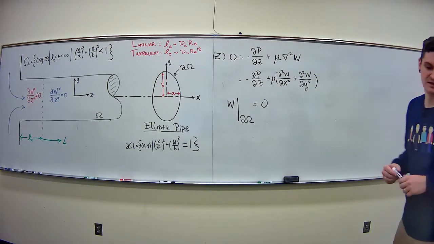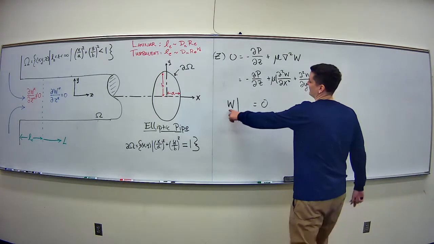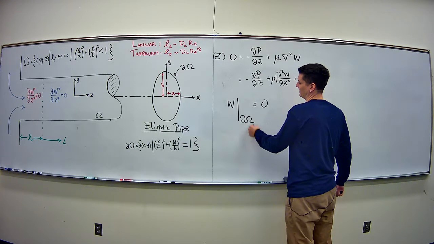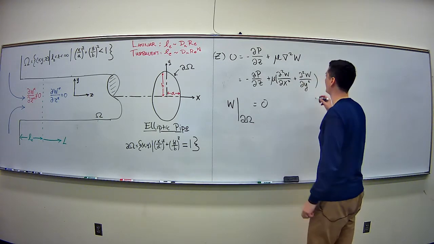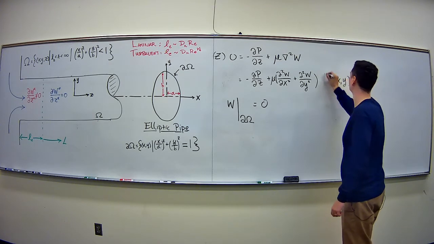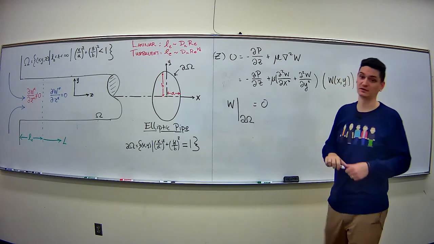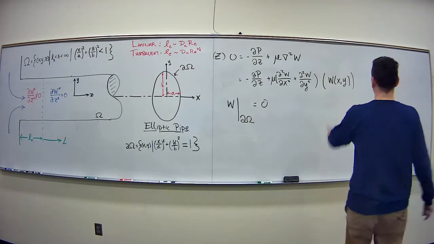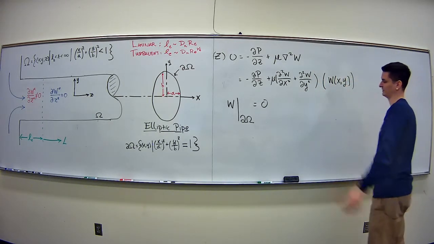Okay. And what does this mean, right? So now I'm saying W evaluated on the boundary set. So again, this is getting across that I'm trying to find this function of x and y, right? This is my velocity field in the z direction. I'm trying to determine all points of velocity as a function of x and y, so it's a multivariable function.